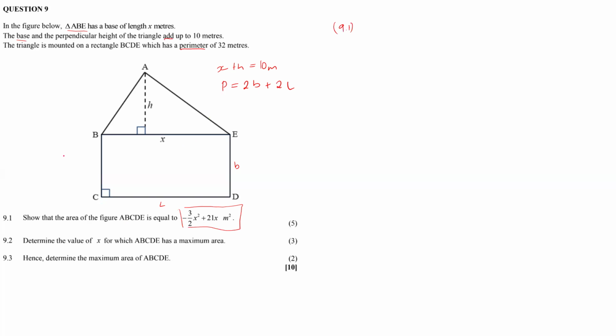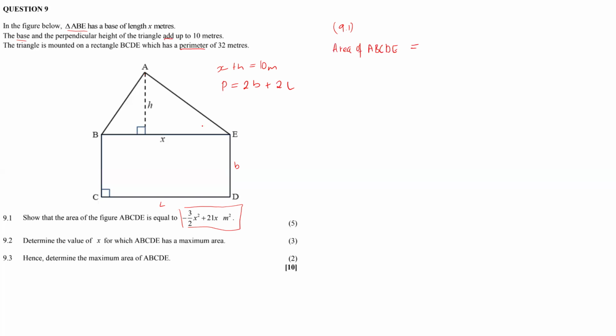So if we want to determine the area of the whole figure, what we do is we add the areas of the known shapes. Let's see how we are going to calculate the area. We're going to say the area of our figure, which is ABCDE. How do we determine the area of that? Like I said, we're going to add the areas of the shapes that we see within this figure.